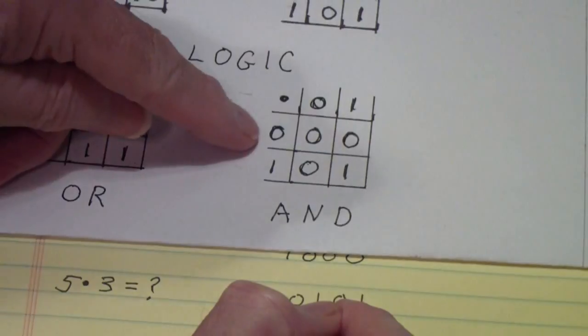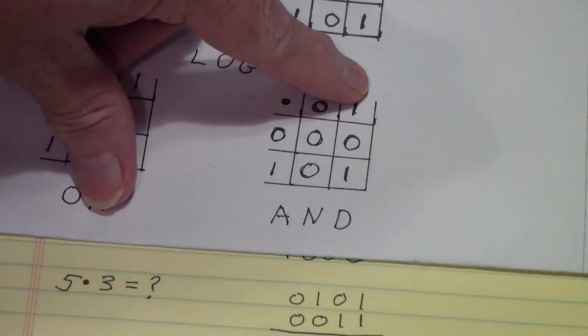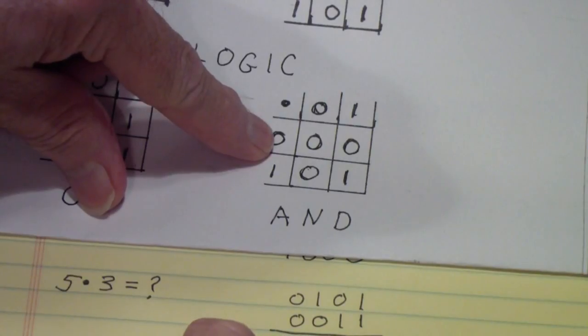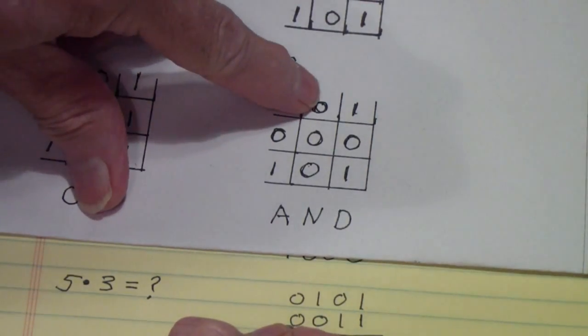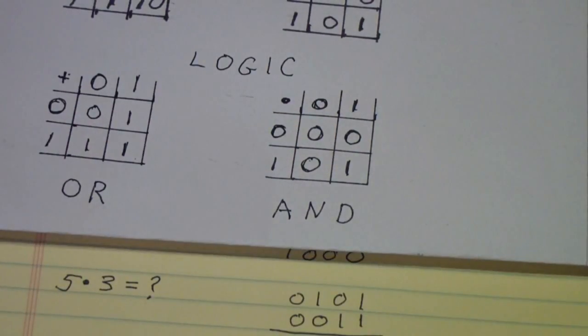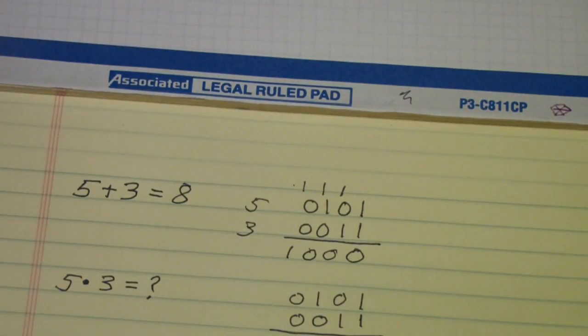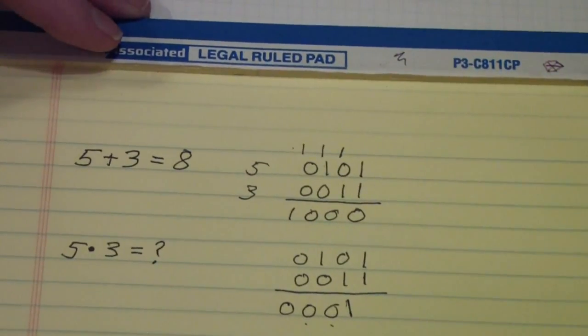A 1 and a 0 is a 0. A 1 and a 0 is a 0. A 0 and a 0 is a 0. So the AND operation gave us 0, 0, 0, 1. As you see, those are quite different.